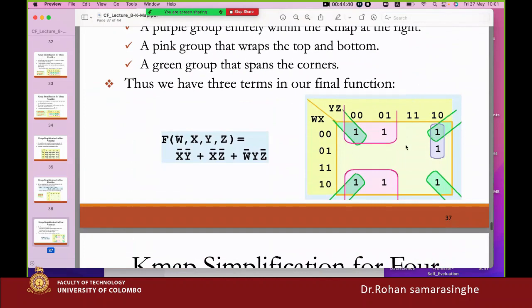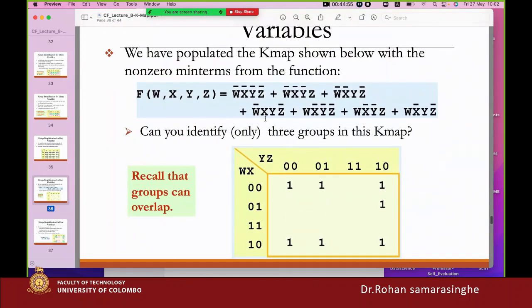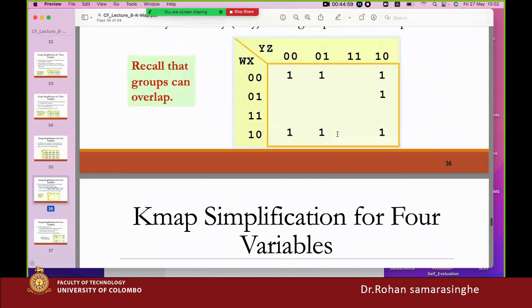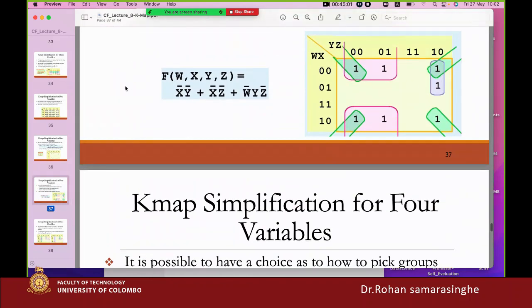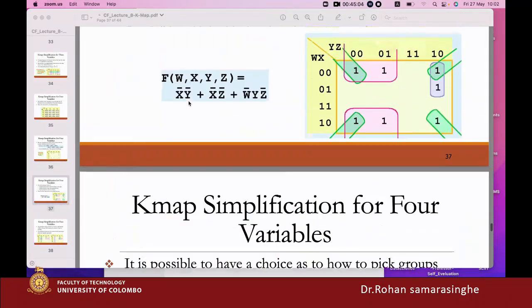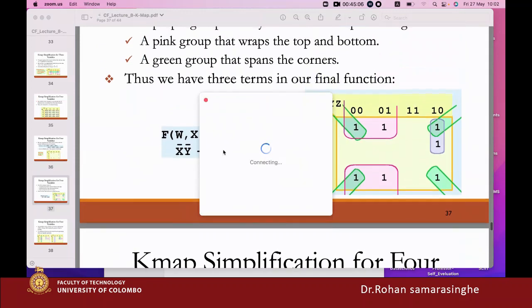So having three groups, you can select x bar y bar plus x bar z bar plus w bar y z. This is the answer, the simplified version of this one. Rather than writing the original, you can get the same output from this also. Then you can minimize the gates as well.